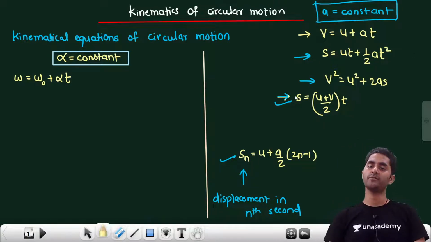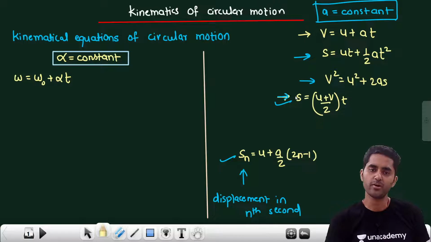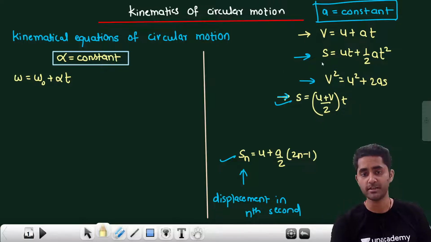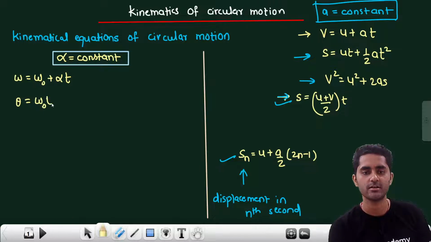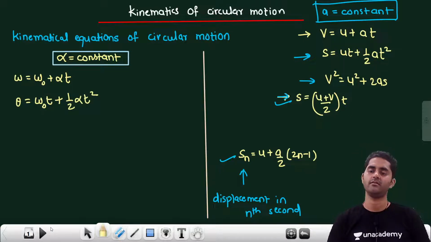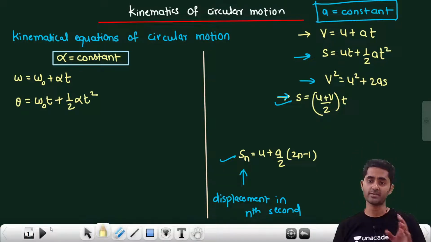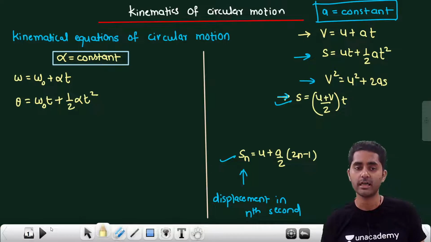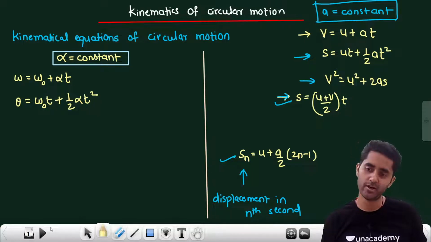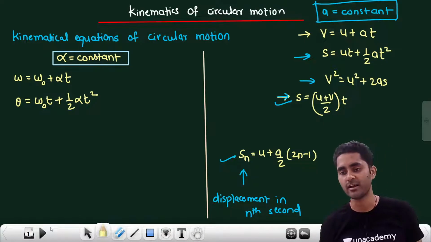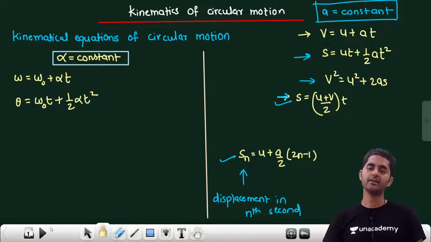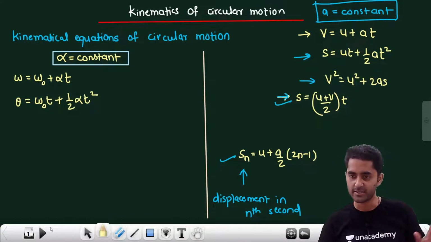Now the second equation: s is equal to ut plus half at square. Here, displacement becomes angular displacement theta, then initial angular velocity omega naught t plus half alpha t square. So replace acceleration by angular acceleration, initial velocity by initial angular velocity, final velocity by final angular velocity, and displacement by angular displacement.